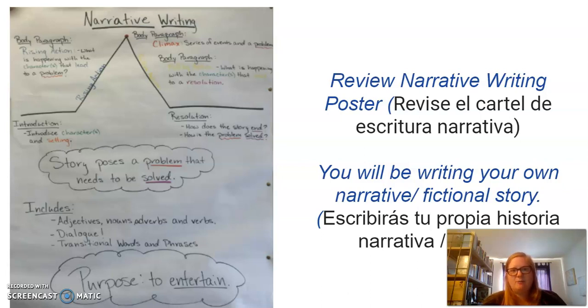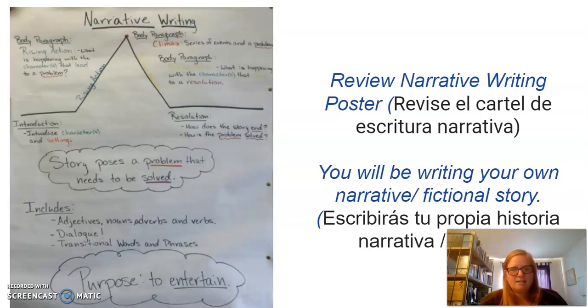For instance, I ran through the forest, ran would be our verb. Our adverb would be I ran quickly through the forest. It adds to the verb. Okay, so that way it helps describe it. For instance, I ran slowly through the forest is very different than I ran quickly through the forest.